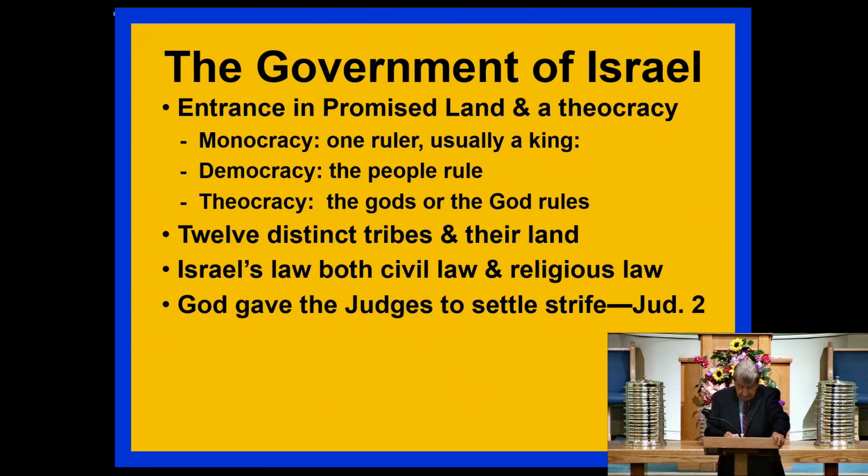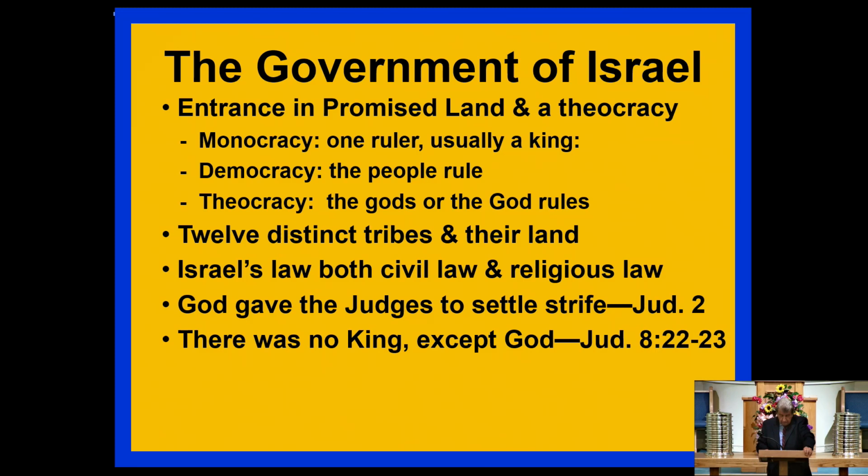And after Gideon had led and delivered the Jews against the Midianites, the men of Israel said to Gideon, Judges 8, verse 22, rule over us, both you and your son and your grandson, for you have delivered us from the king. Gideon says, I will not rule over you, nor will my sons rule over you. The Lord shall rule over you. I will not be your king.